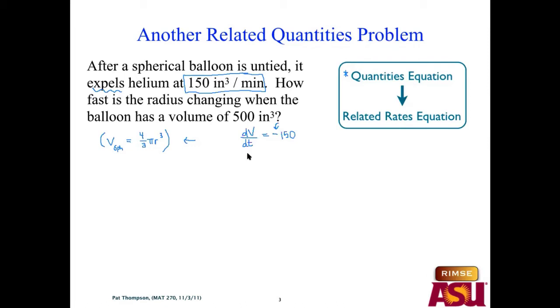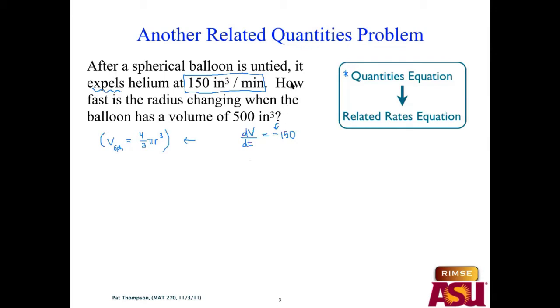So just make sure you keep in mind if something's growing or increasing, you're talking about a positive rate of change. If something's shrinking or decreasing, that's a negative rate of change, and don't forget to use the negative sign. When you're writing out a sentence, you can use other words to indicate that. But for the purposes of doing our computations, we're going to need a negative in there.